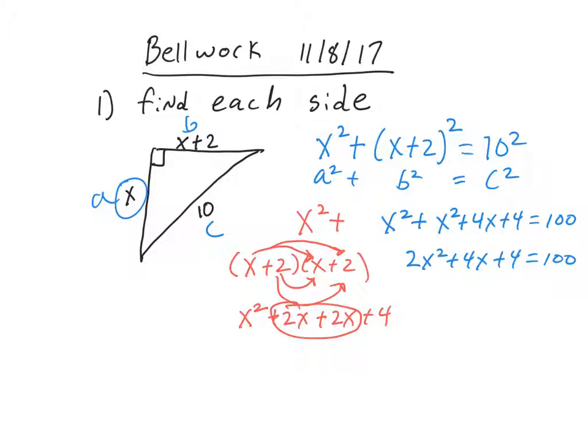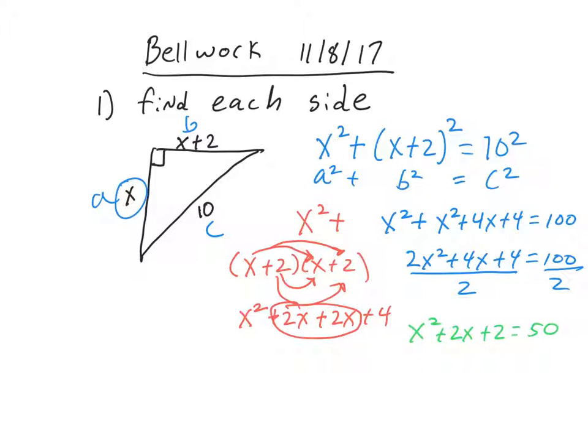Okay, so looking at the left and the right side, I see that we can divide both of those sides by 2. So we'll divide this side by 2 and this side by 2, and we'll end up with x squared plus 2x plus 2 equals 50.